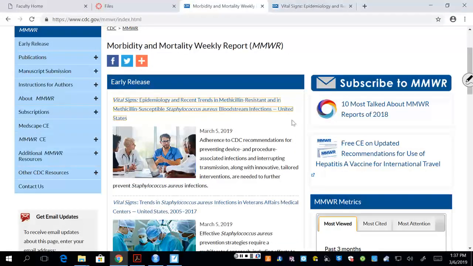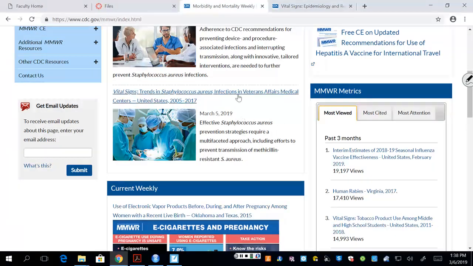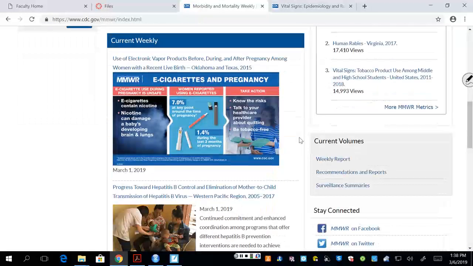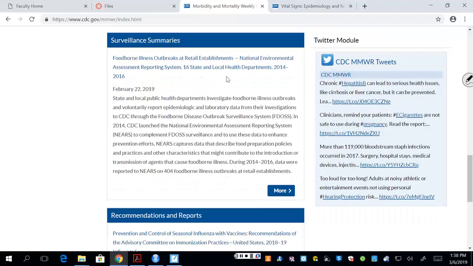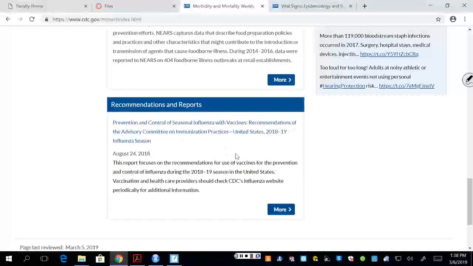So penicillin, methicillin-resistant bacteria infections. What are the rates of those? They had other ones on other staphylococcus aureus infections in veterans hospitals, hepatitis B control, foodborne illnesses, and so on.